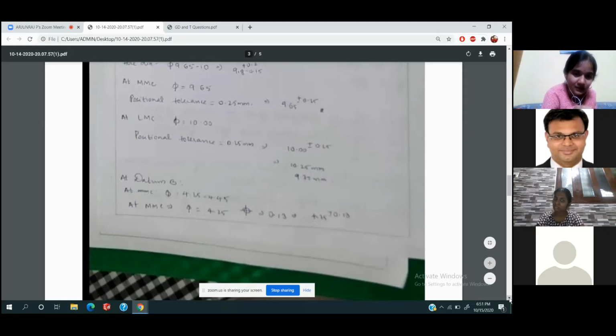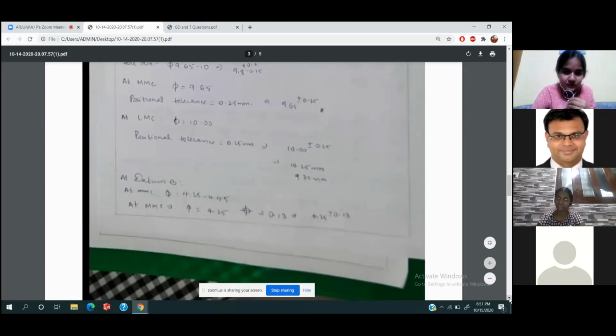Okay, I will tell it in another way, in a very simple manner. Here, I'm not considering 10, I'm taking 9.65. For 9.65, position tolerance is 0.25.